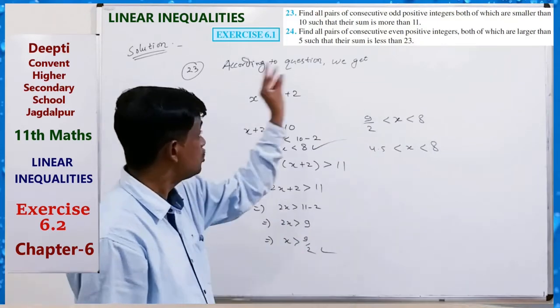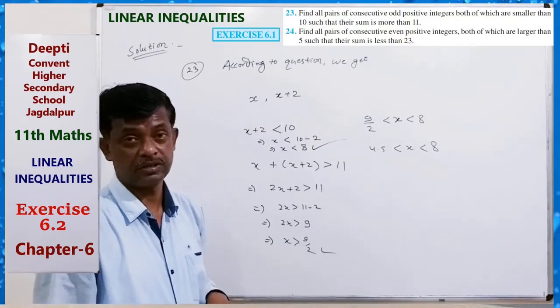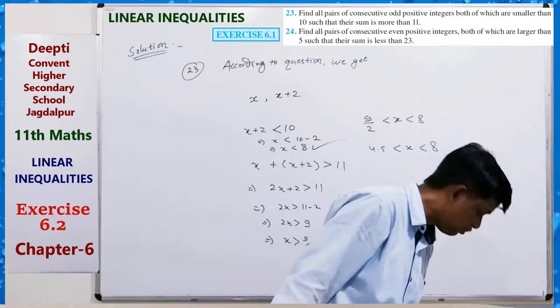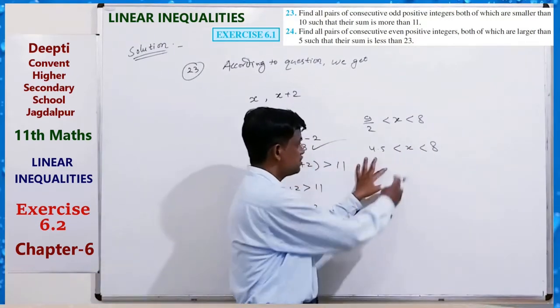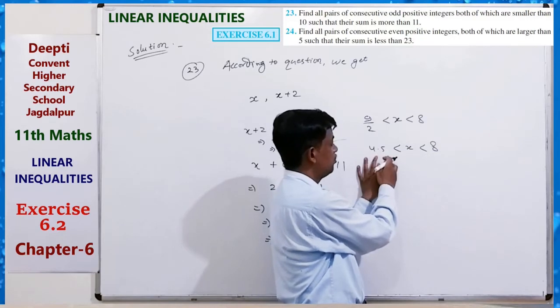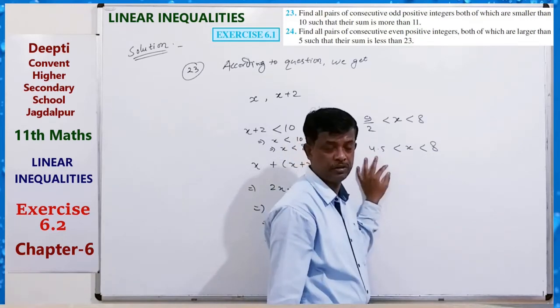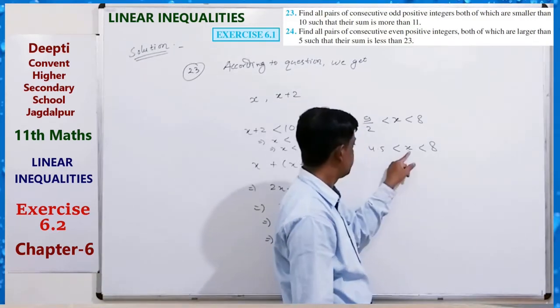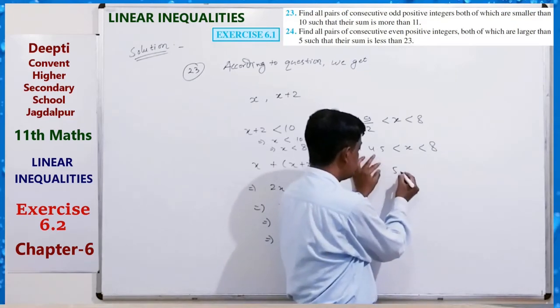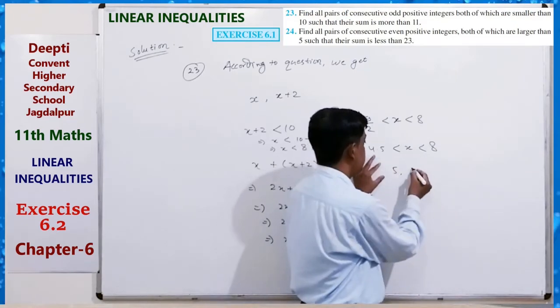So for the consecutive odd positive numbers, x may be an odd value: 5, not 6, 7, not 8.